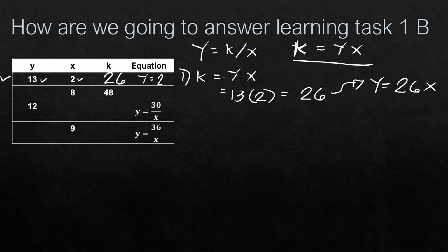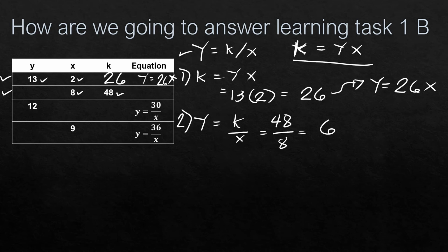Second line naman po. Sa ating second line, ang nawawala ay y. So, kuhain natin yung equation natin. Y is equal to k over x. Sa ating given, ang k ay 48 at ang ating x ay 8. So, 48 divided by 8, ang ating y ay 6. Ang equation, ito na yung ating constant.